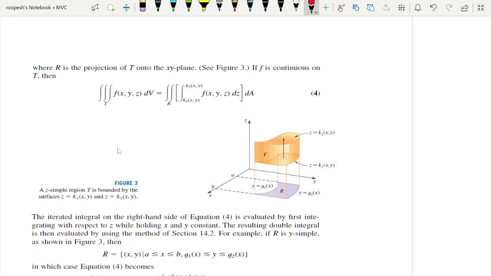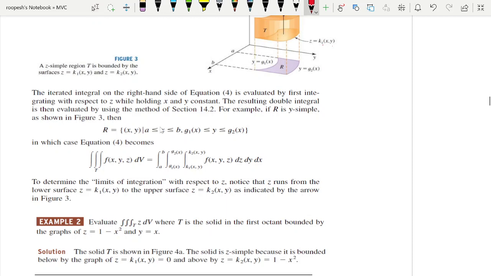That will become the integral over R of the integral in z, whose range is from k1(x,y) to k2(x,y). So we replace the range with k1(x,y) to k2(x,y). The remaining is the same as what we did in the double integration class.